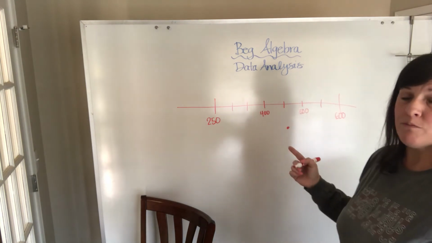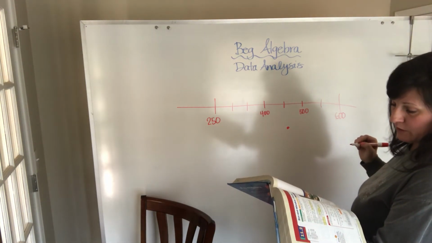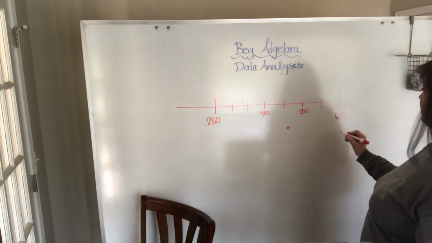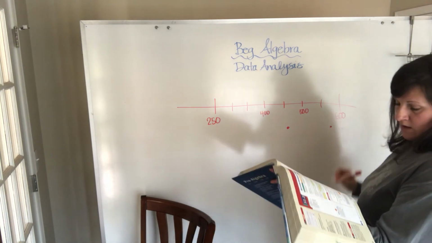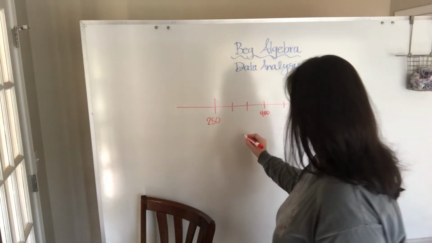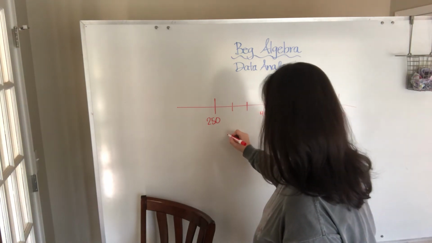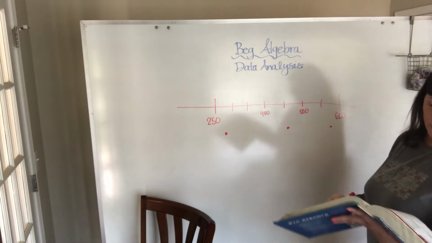I also put dots at my highest and lowest numbers. So the greatest number we have there is 572. I'm going to go right there. And the lowest number is 264. All right, so we're down here. All right, so we've got those 3 points plotted.